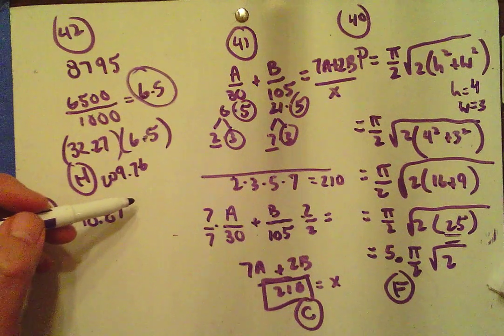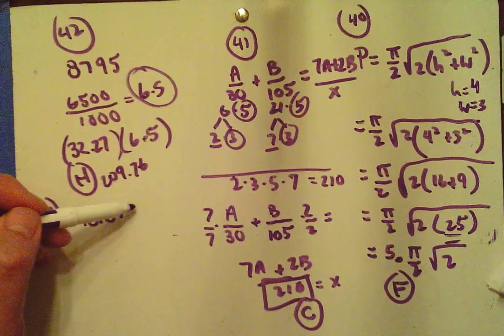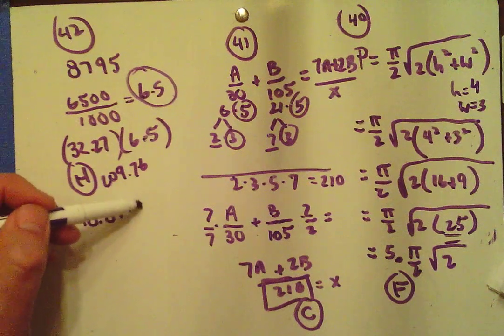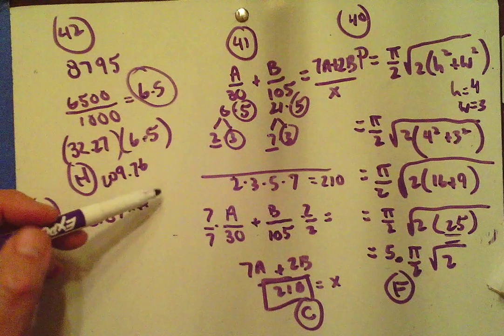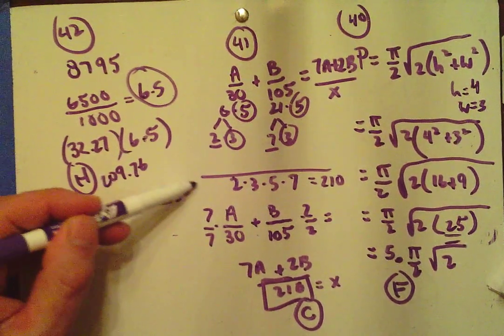Well, we know that times the number of $1,000 packets she borrows has to be less than 300.